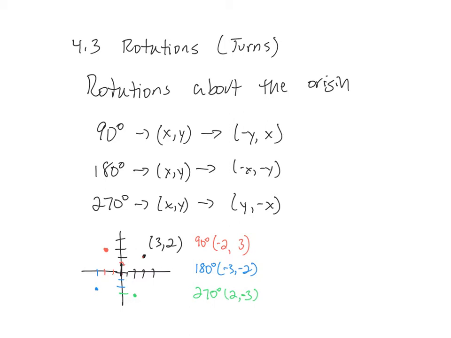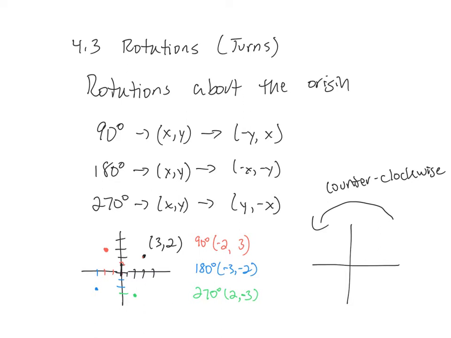The other thing I want you to notice is, number one, we're rotating this way. That always happens, what would be considered counterclockwise. We have tons of digital clocks out there, but on a regular clock, clockwise would be going the other way, to the right. Counterclockwise goes to the left.